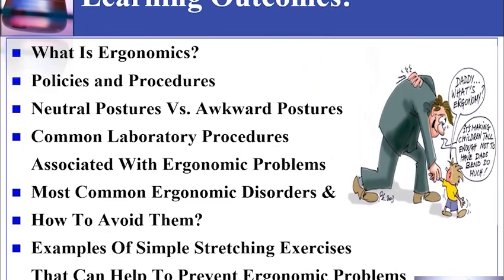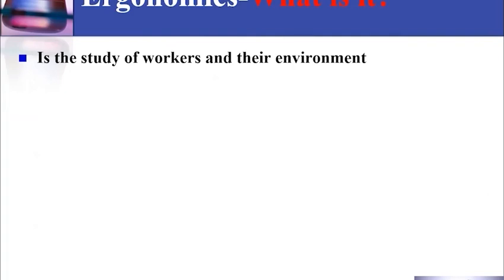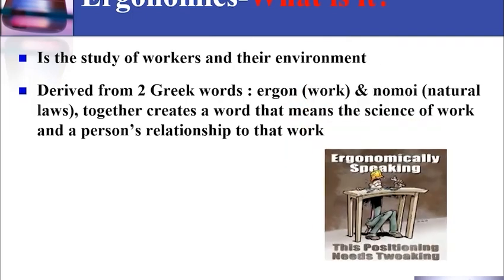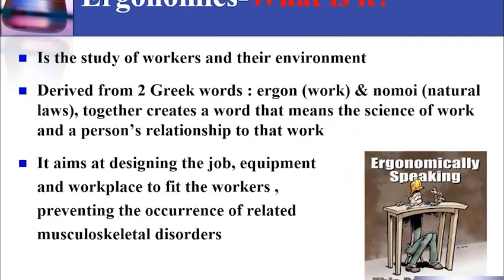So what is ergonomics? It is a study of workers and their environment, derived from two Greek words, ergon, work, and nomou, natural laws. Together, they create a word that means the science of work and a person's relationship to that work. So it's your work and your relationship to the work that you are doing.